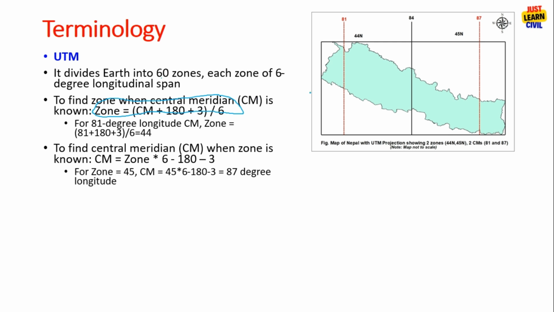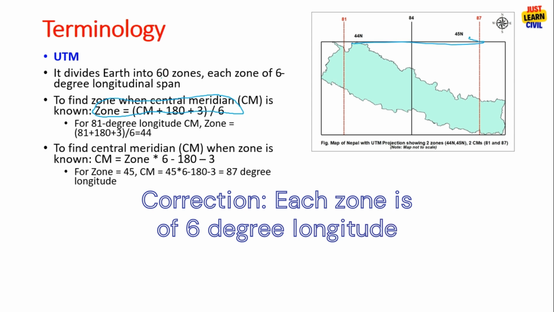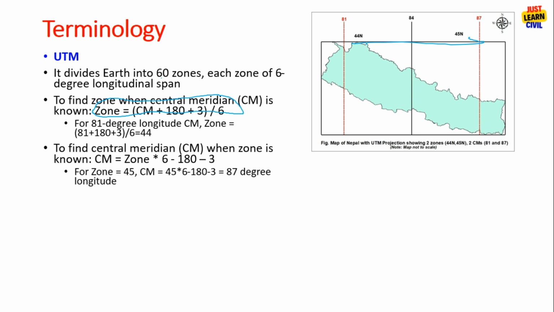Here you can see in the figure, you have two zones, 44 and 45. This is where Nepal lies. If you want to find the central meridian, you can put the value in the formula and you will get the zone. Conversely, you can also find the central meridian from the zone using the formula.